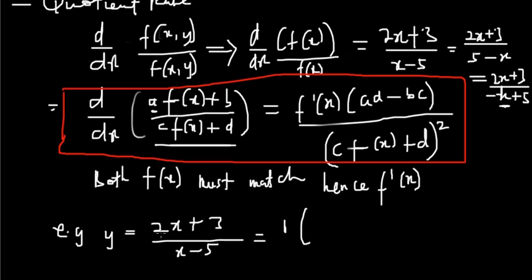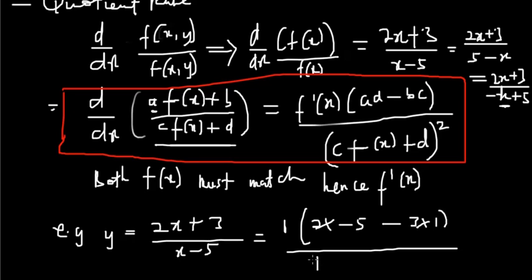Now we have A. A is 2, okay? A is 2 multiplying D. D is minus 5, okay? Minus 5. And then you subtract that from B. B is 3, okay? B is 3, and then you multiply that by C. C is 1 over here, okay? Now we divide that by C, which is 1 over here.